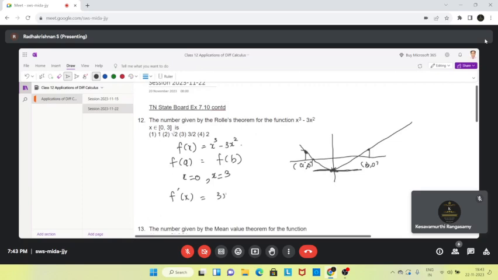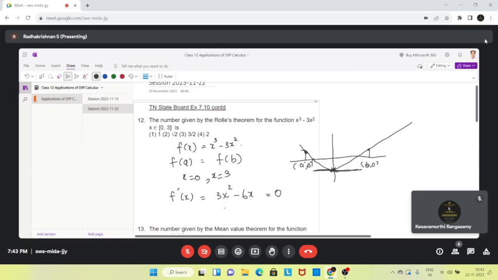That will be 3x square minus 6x. I'm just differentiating x cube minus 3x square. So all we have to do is equate this to 0. What is the value of x where this is equal to 0, and it has to be in this range 0 to 3?